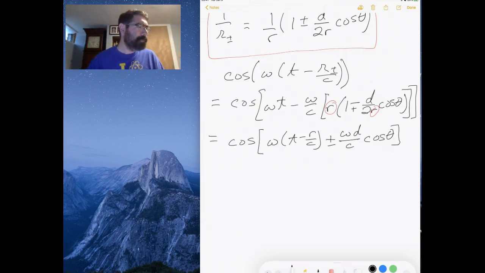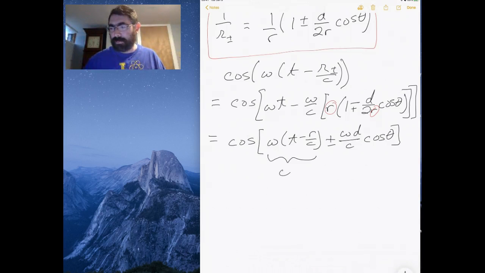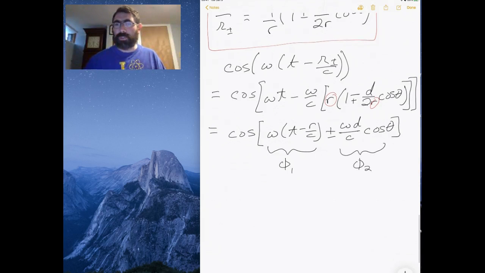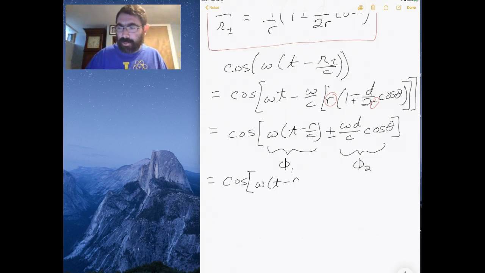Now I can break this up, since I have a plus and a minus, thinking of this as the cosine of phi1 plus or minus phi2. You can go back and look at your trig identities, and what you'll find is cosine of omega t minus r over c times the cosine of omega d over c cosine theta.